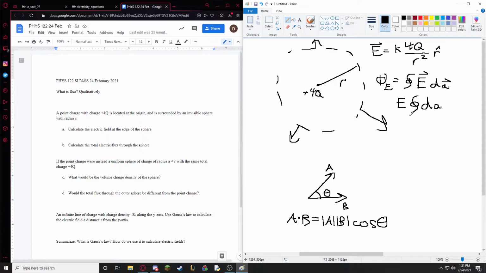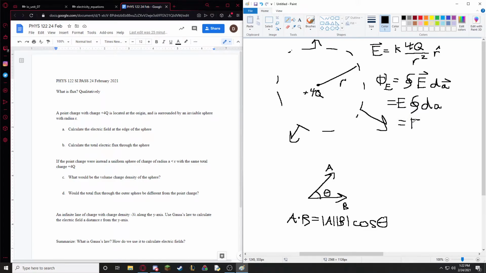Now what's the integral of dA? And we're integrating over the entire sphere. Well, for example, the integral of dx is just x, right? So wouldn't the integral be A? Yeah, the integral of dA is just the area.